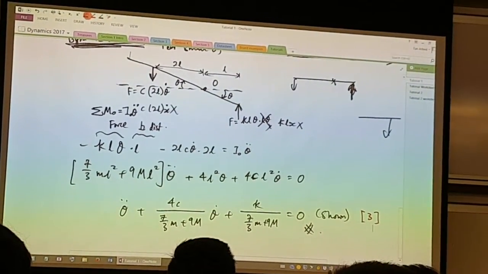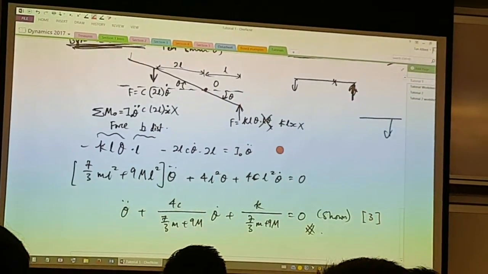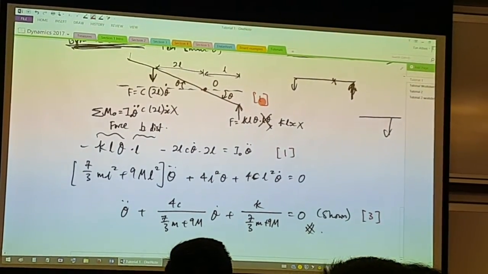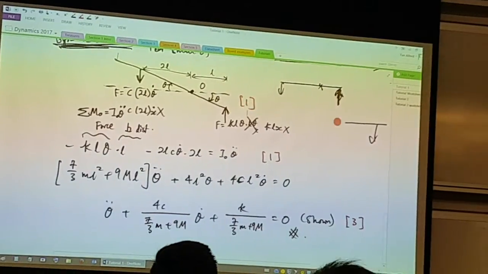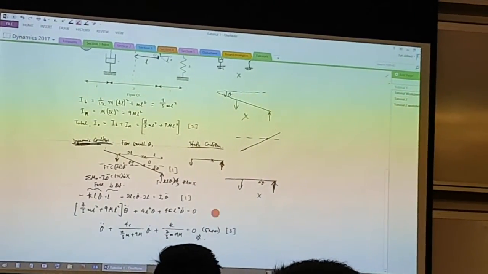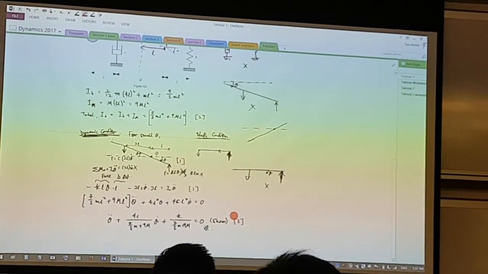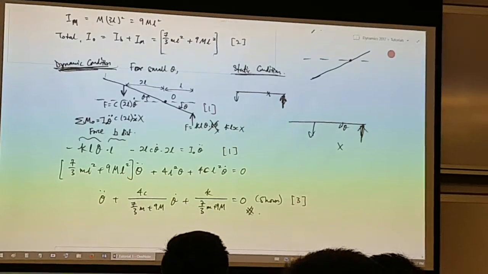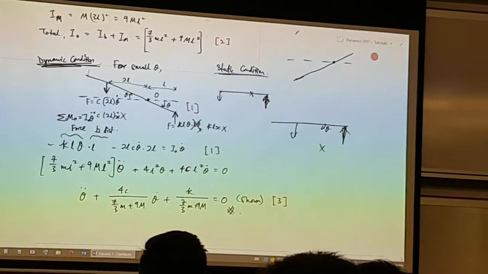Sir, your teacher's got no missing. This part here, sir, free body diagram one. Raise your hand. Your teacher is missing, sir. So altogether, one more try, 7 marks. Sir, the teacher is missing, sir, from the third one, the K over 7/3 M. We are missing.